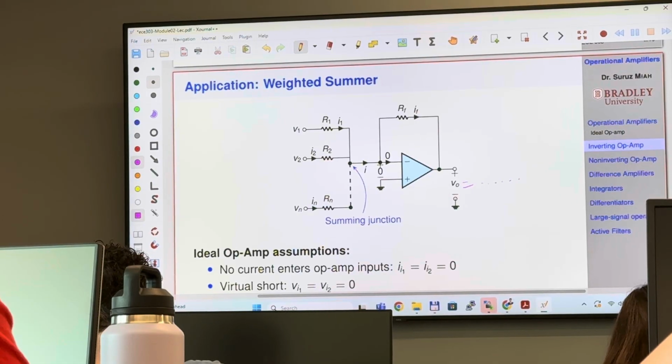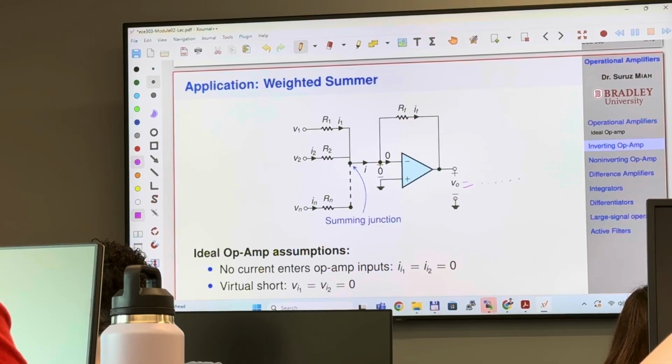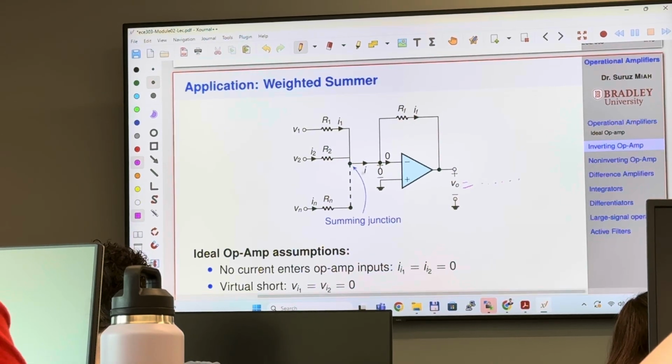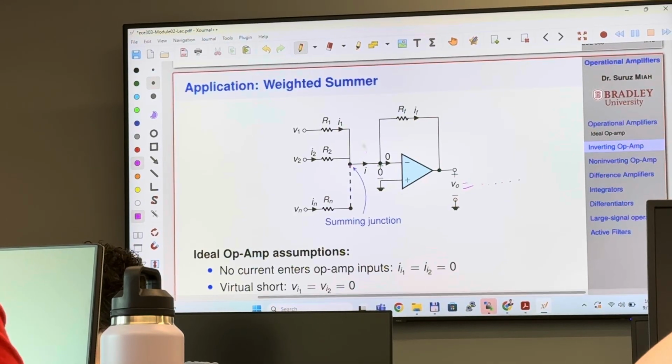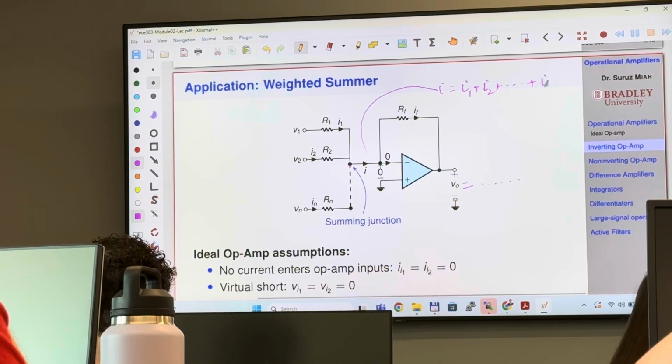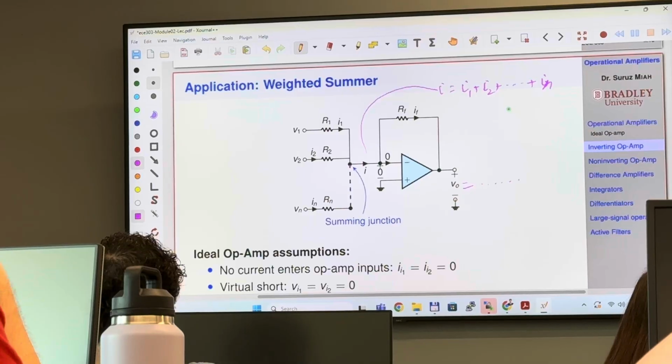So we can actually design a weighted summer, in other words, using op-amp. So in this node, don't you see that I equals I1 plus I2 plus dot dot plus I sub n? Don't you see it, guys?